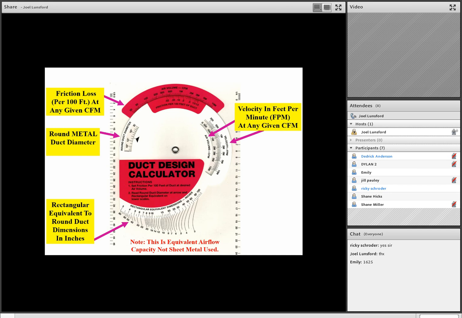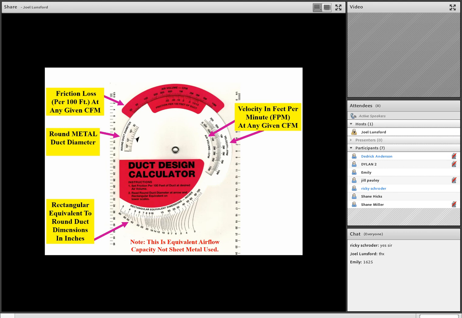So if you were to take a magnehelic gauge, a very accurate type of water manometer, or a digital manometer, and you had 100 feet of 14-inch duct stretched out, and you were blowing 500 CFM through it at 500 feet a minute velocity off that fan, and you put a static pressure probe at the outlet of that fan, it would provide a static pressure against that fan of approximately 0.032 to 0.035 inches of water column static pressure.